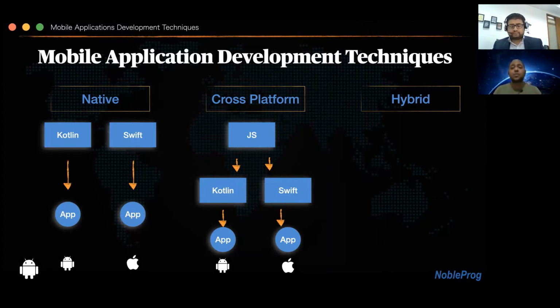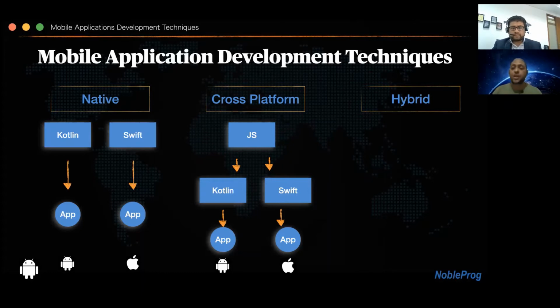That's why the cross-platform actually has two good aspects, because it provides me by the end of the day a native application, but I started with a single code base. I didn't have to develop the application twice.